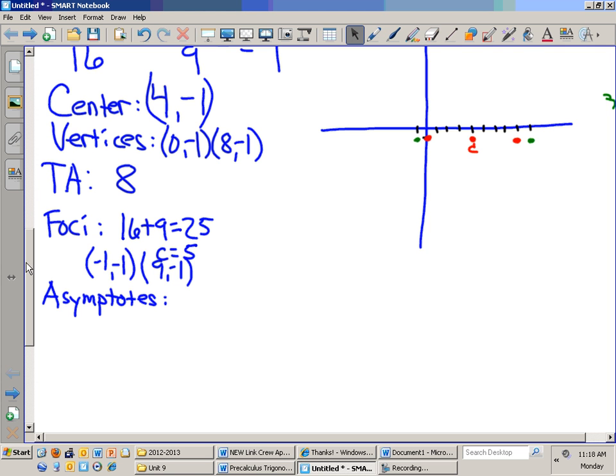So 1, 2, 3. In red marker here, I'm going to stretch this box 3 units in each direction. So this red box outlines where my asymptotes will pass through.